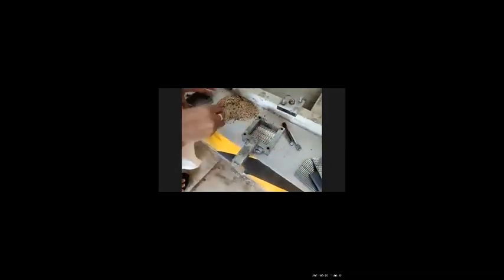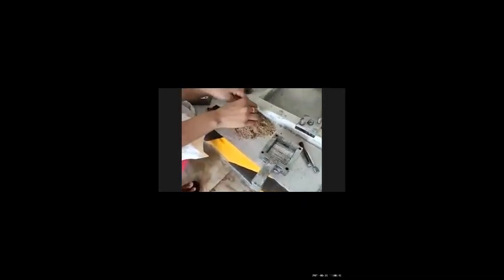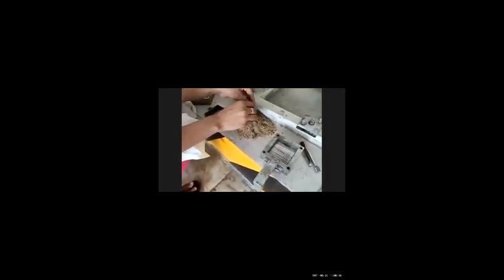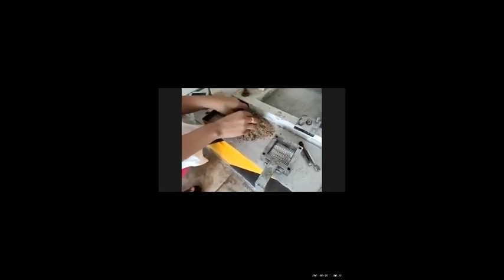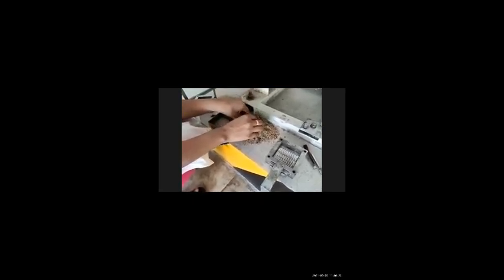Okay, this is the soil sample. This is a cohesionless type of soil, that is sandy soil. First of all, we have to weigh this sample with the balance.